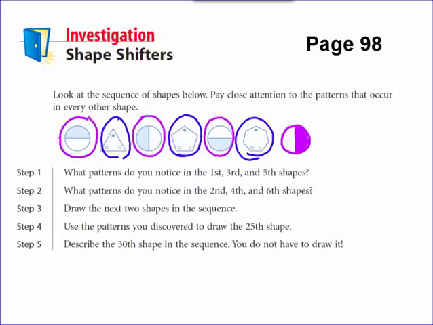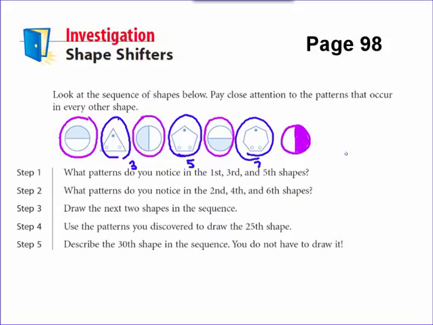What patterns do you notice in the second, fourth, and sixth shapes? You get 2 more sides. And so, there's a dot on top. And there's a dot on the top and 2 on the bottom. So how many sides would our next one have? 9. Okay, because we went 3 here, 5, 7.